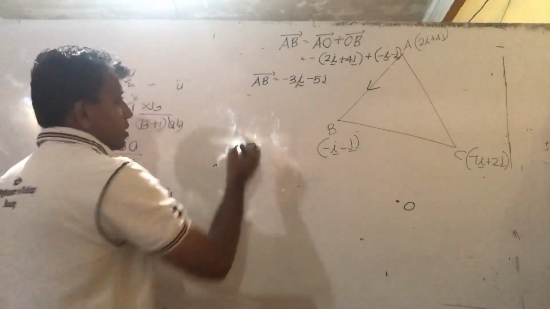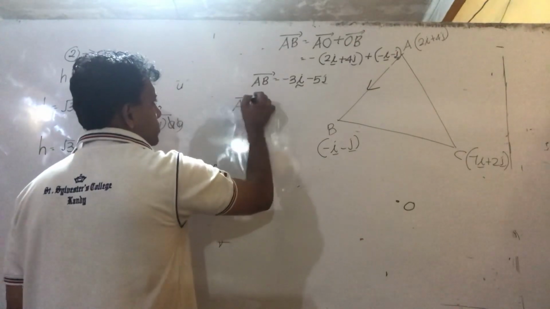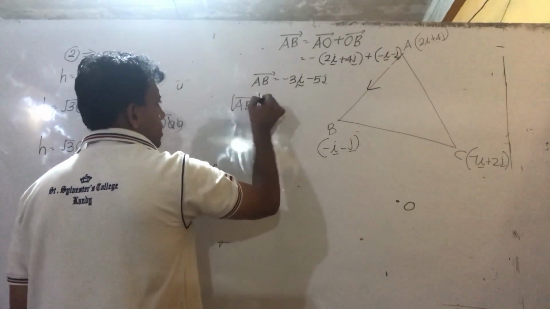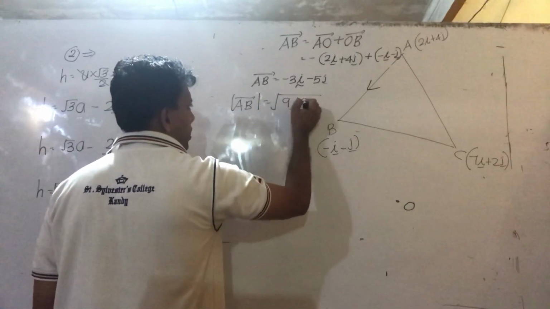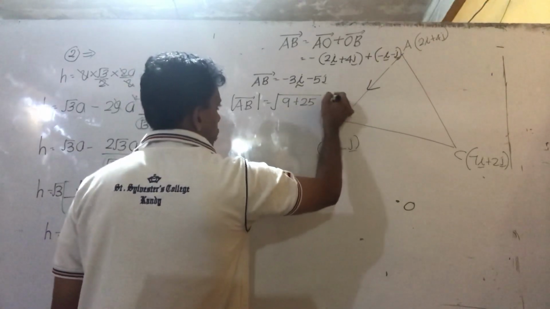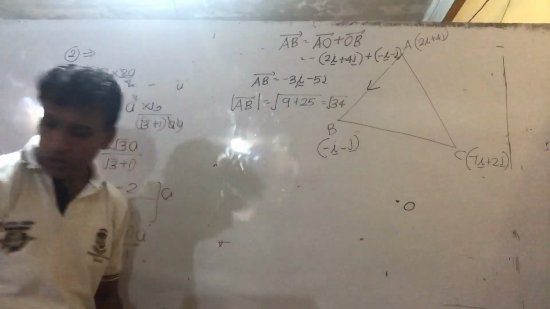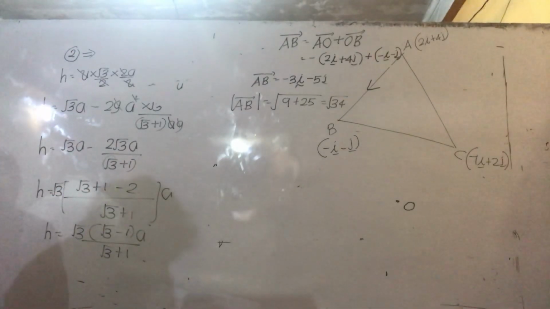Square root. Therefore the modulus of AB vector is square root of 9 plus 25, that is 34, square root 34.